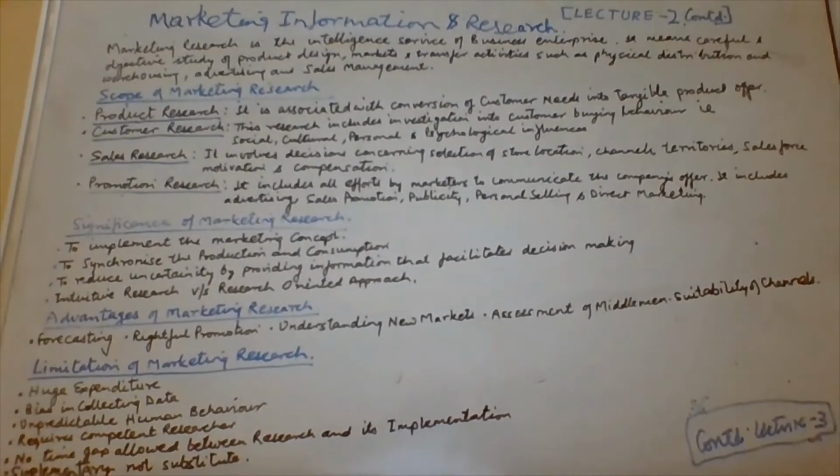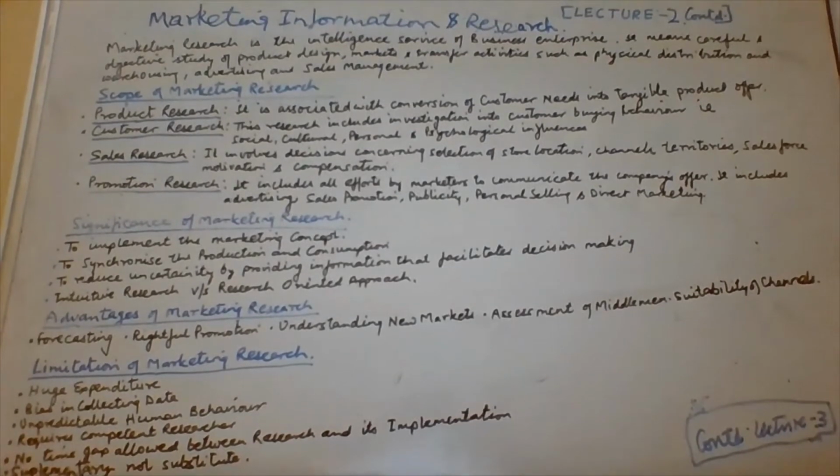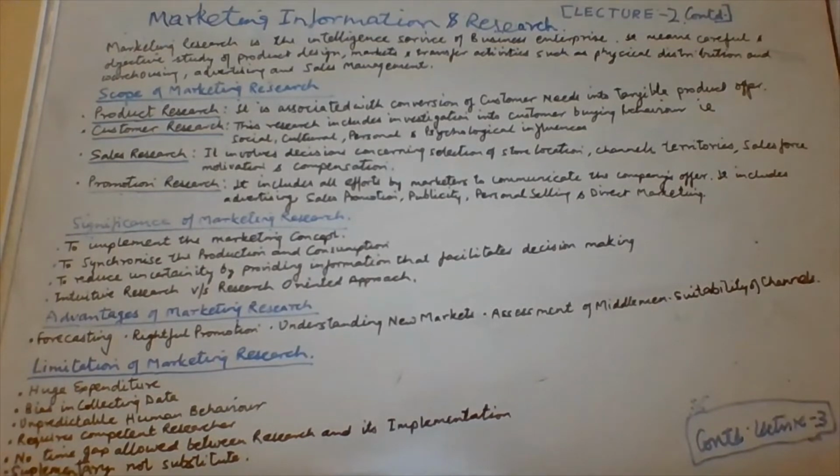Here the investigator could be the marketing manager, or he can hire specialized people for the research purpose, for the product design, as to what should be the features or the size and structure of the product. The markets are related to the segment of consumers, as to which segment the product is to be catered to. And transfer activities are related to physical distribution, warehousing.